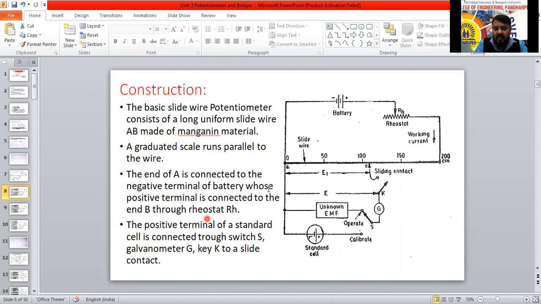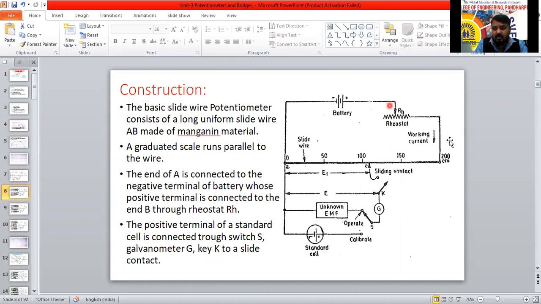The end A is connected to the negative terminal of the battery, whose positive terminal is connected to B through the rheostat RH, which is nothing but a variable resistance.